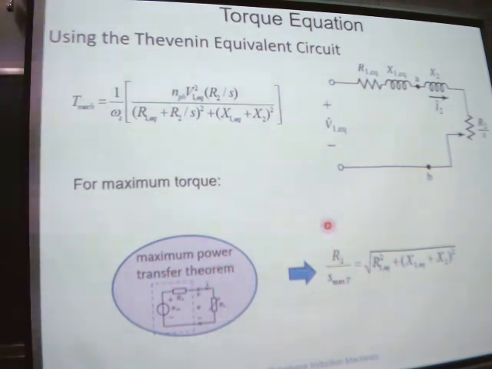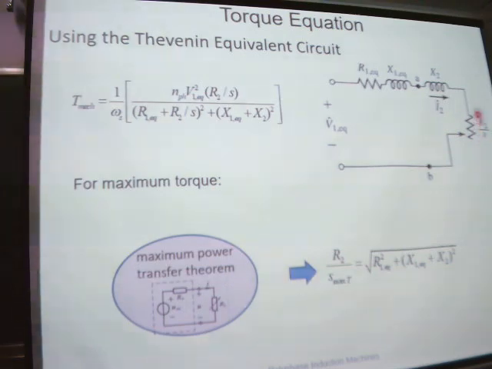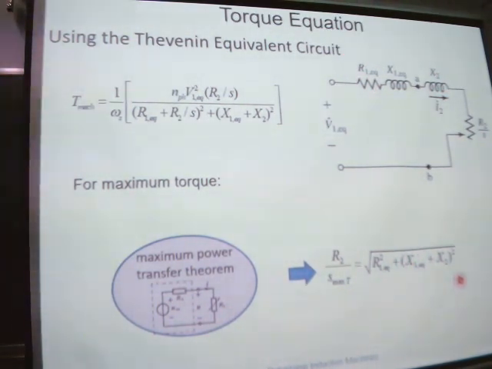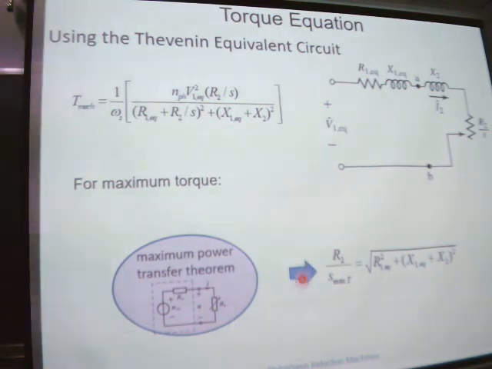The real part R2 over S is equal to the square root of these two parts. At this time the torque is maximum.